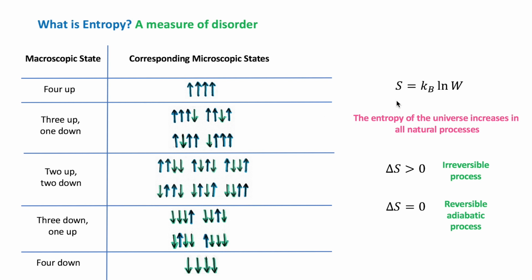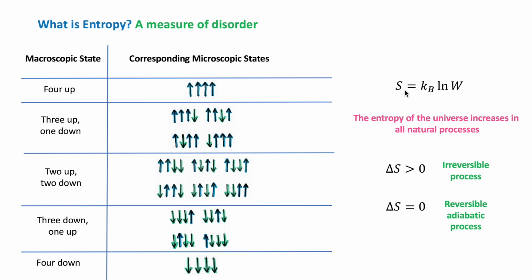So let's see here a definition of entropy in terms of the number of microstates associated with a certain macrostate. So S is equal to k_B ln W, where W is the number of microstates associated with a certain macrostate that has an entropy of S, okay?